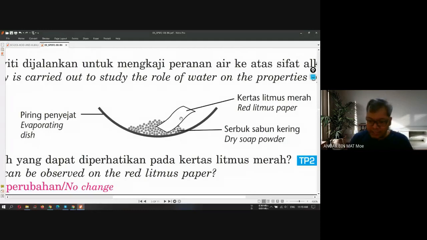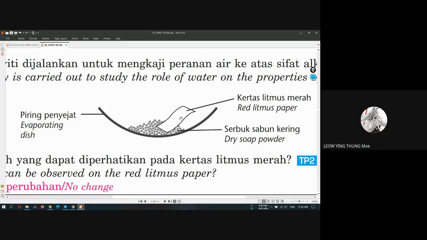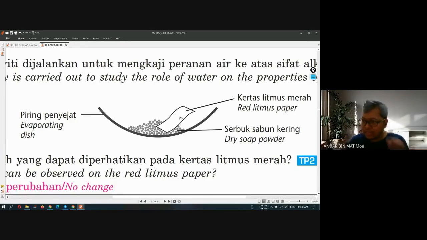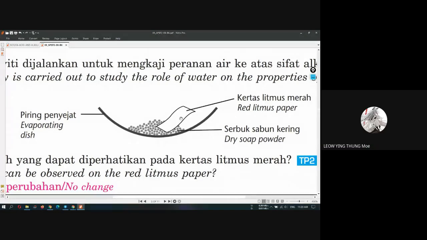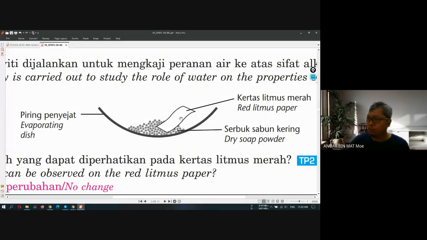Success or not? Can you just touch the litmus paper to the dry soap powder? Can or cannot? Cannot. You cannot test the dry soap powder because you must put what? Water. Yes, you must put water.